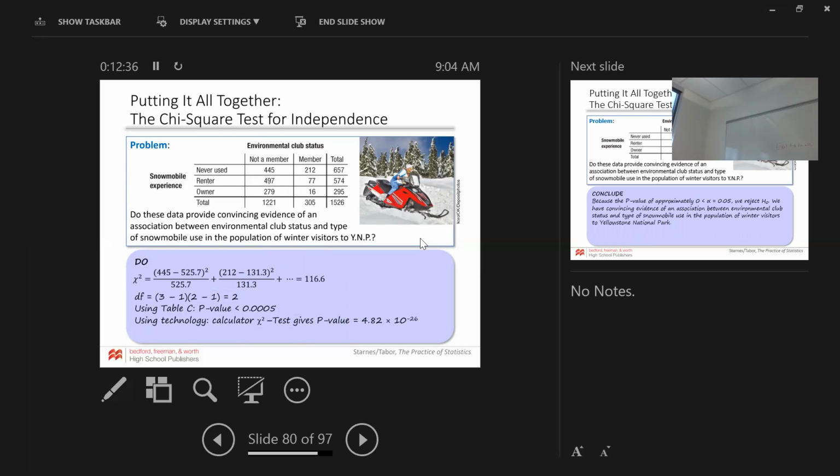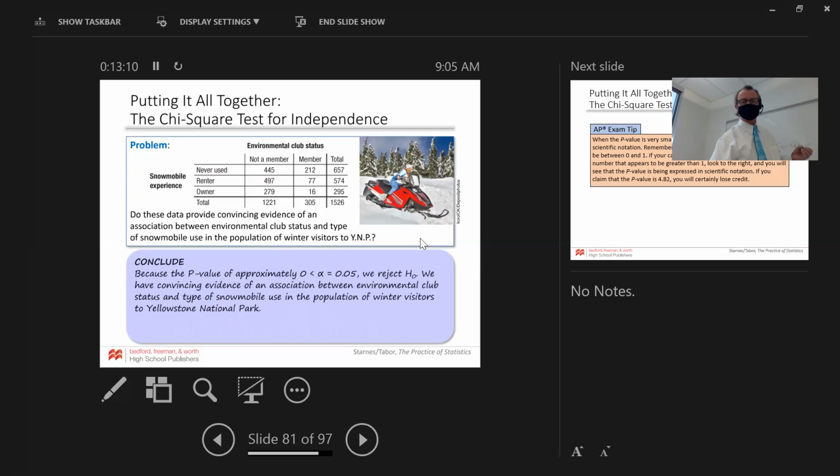You have to be careful with this scientific notation here. It's 0.000, 10 to the negative 26. It's way lower than this. And you should report the degrees of freedom. Your calculator will spit it out, but it's rows take away 1 times columns take away 1. So we have a 3 by 2 matrix, so it's 2 times 1. The p-value is essentially 0. We reject the null.